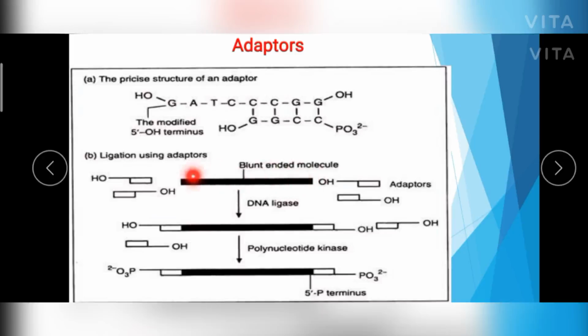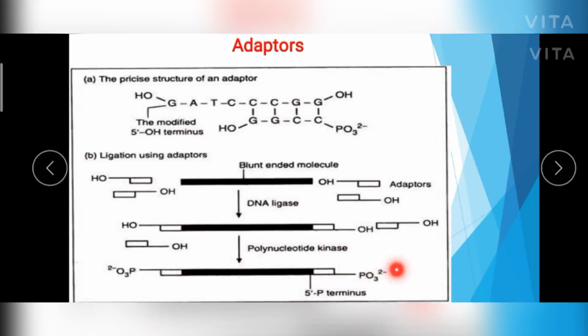So this is the blunt ended target DNA molecule. On either side of it, you add the adapters by using the enzyme DNA ligase. The adapters will join the target DNA, and because they have the preformed sticky ends, ultimately our blunt ended fragment will be converted into a sticky ended fragment.